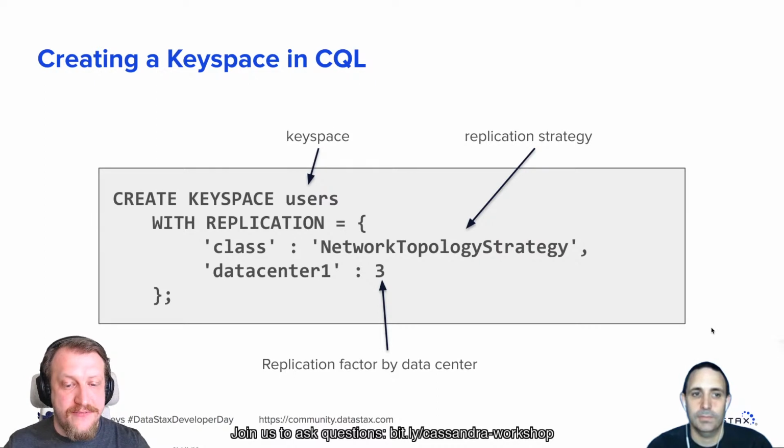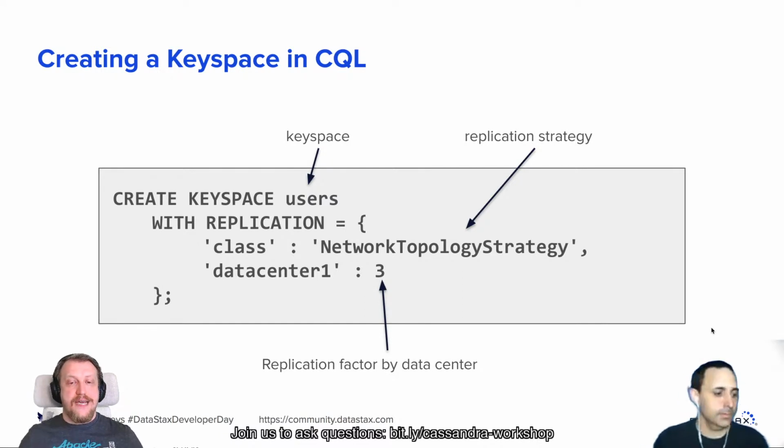And then we specify the replication factor per data center. In this case, I'm creating a keyspace users with replication NetworkTopologyStrategy. I'm going to put the data only in data center 1 with replication factor 3. If I would like to have data center 2, I have to add it right here, and I can specify another replication factor. For example, I use data center 1 for the real production workloads for my customers.